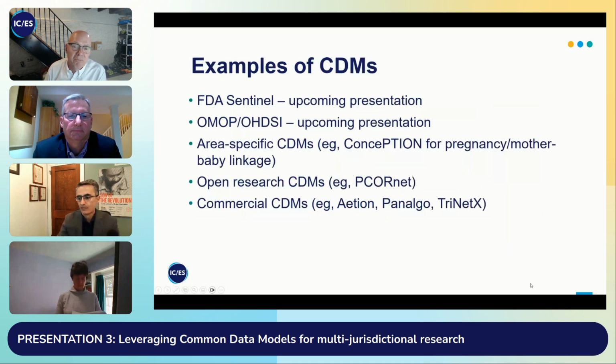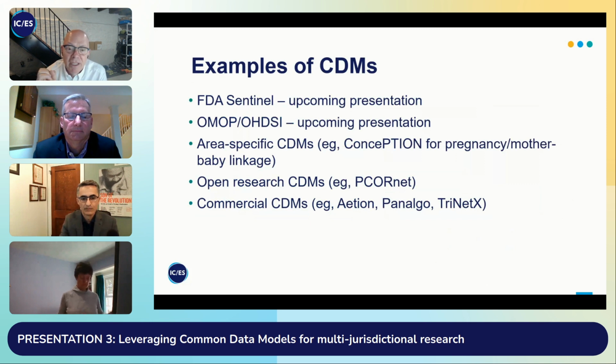So these are some broad examples, and I'm just going to illustrate a couple of the others that we're not going to talk about in particular. The other speakers are going to talk about the Sentinel Common Data Model and the OMOP Odyssey Common Data Model. But there are others. The Conception Project is an international common data model focused on pregnancy and mother-baby linkage studies.